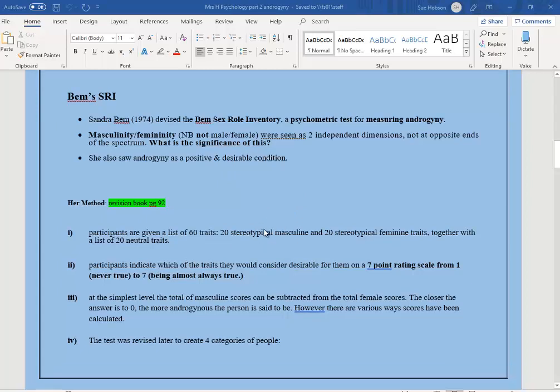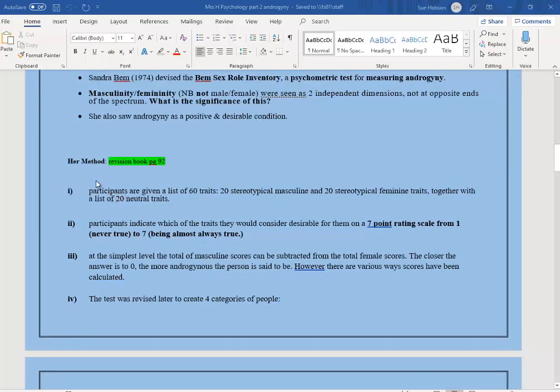So a little bit of information about her method in case they ask you how you would investigate it. Participants were given a list of 60 traits, 20 stereotypically masculine, 20 stereotypically feminine, and 20 neutral. They were then asked to rate them on a 7-point rating scale, like a Likert scale, from never true to almost always true, something like that.